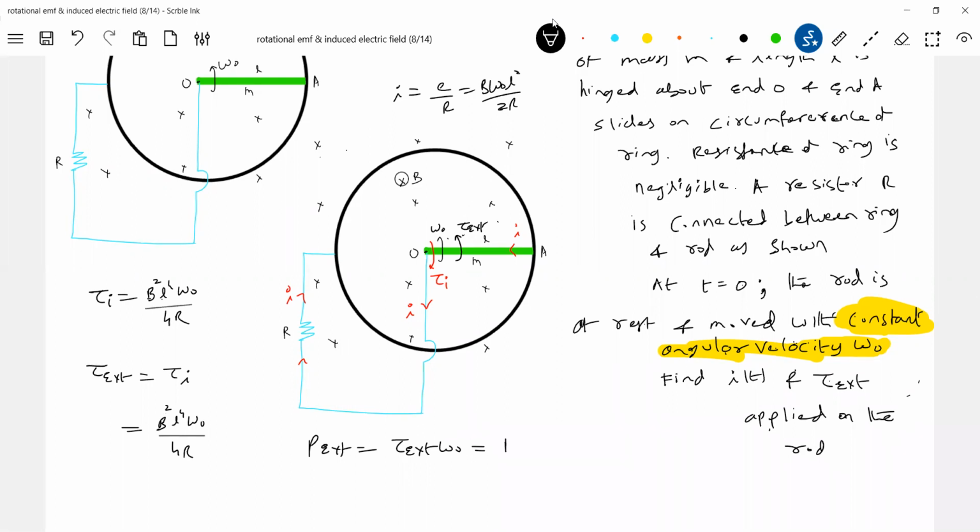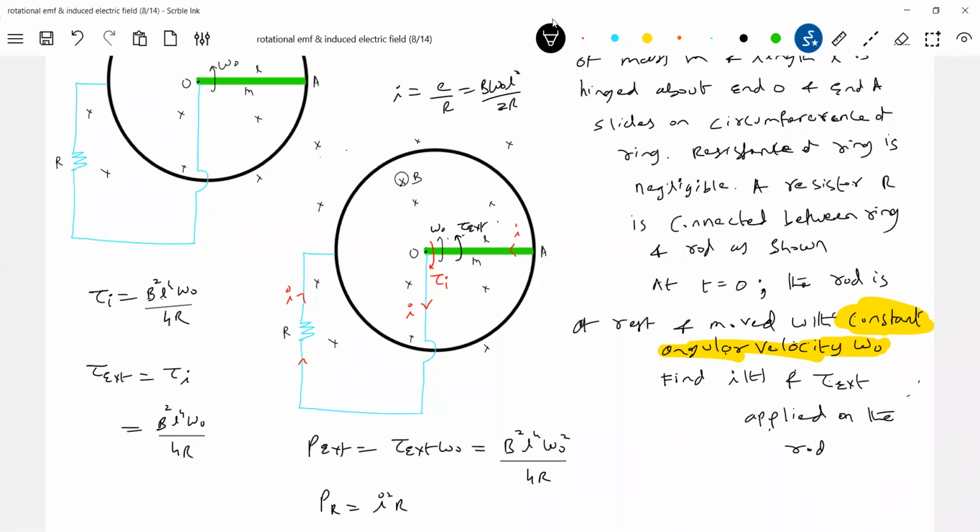So what should be the external power? B squared L to the power of 4 omega naught squared by 4R. I should supply this much power. Where does all this power go? Power dissipated by the resistor R. If you want, you can cross check. Both will be equal.